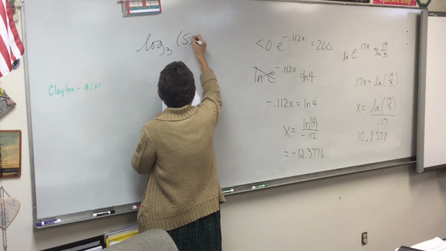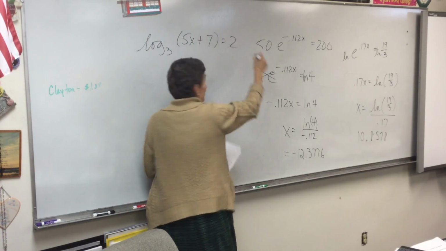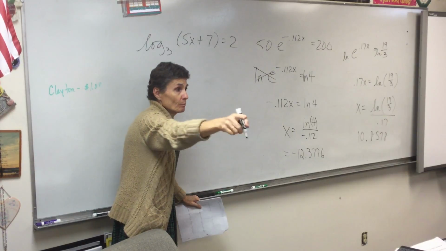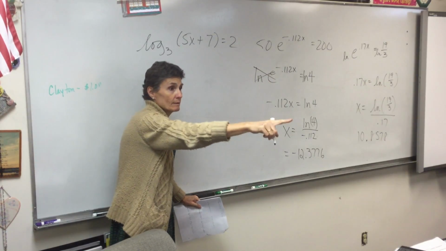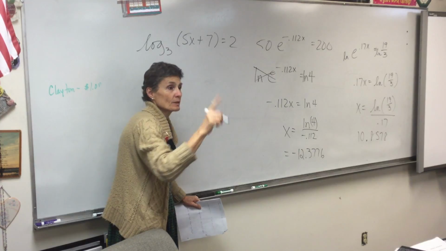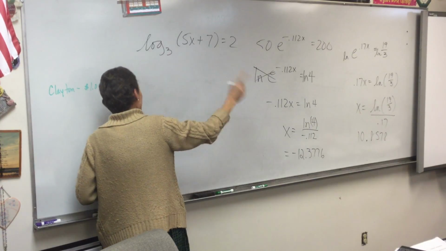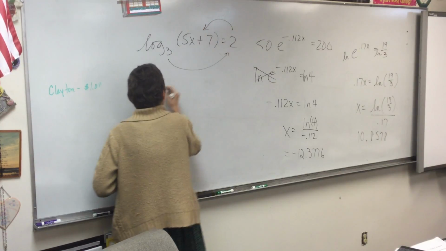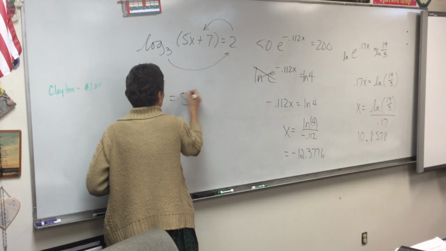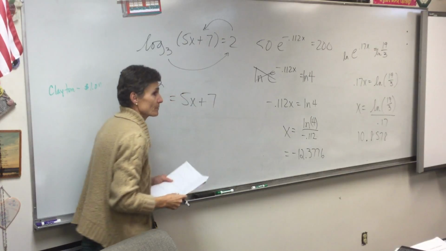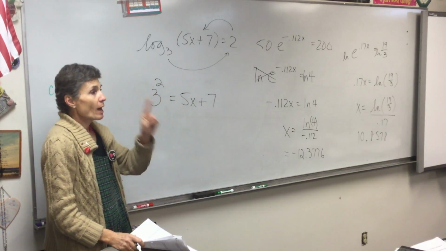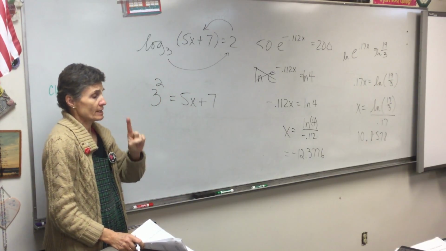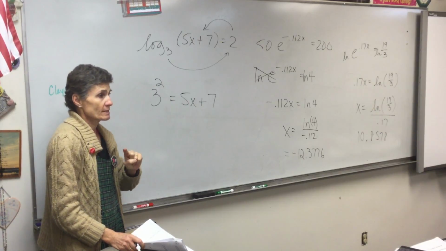Log base 3 of 5x plus 7 equals 2. Oh, I heard someone say it. Who said it? What'd you say? 3 squared equals 5x plus 7. Yeah, this is exactly what you did on your quiz, only it's bigger. You're going to say 3 to the second equals 5x plus 7. If you have one logarithm, period, then you want to translate it.